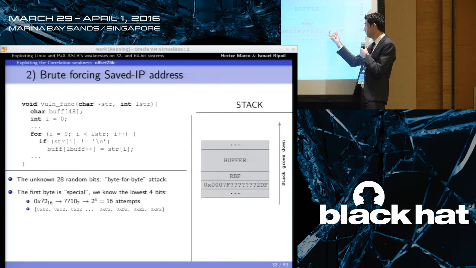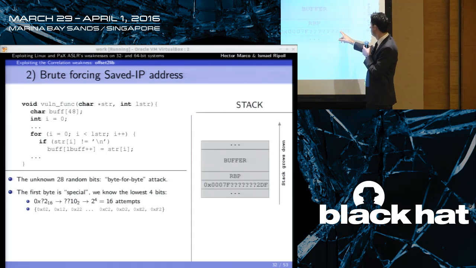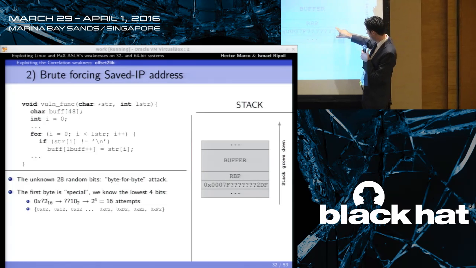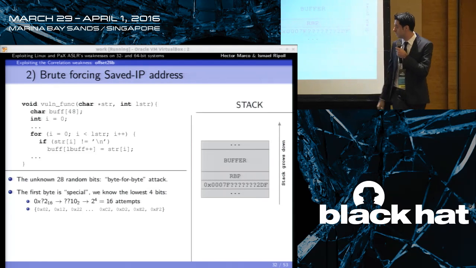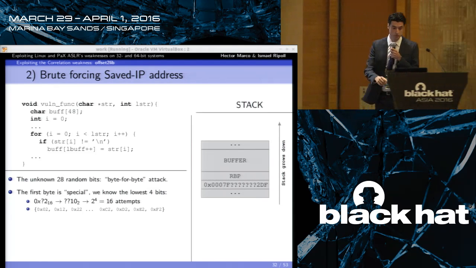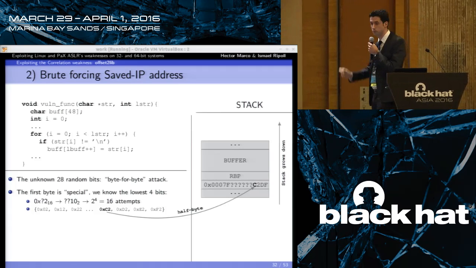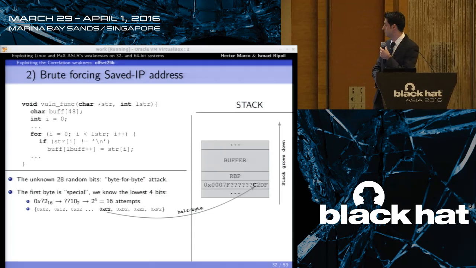Since we know this first byte, we can overwrite with, for instance, 1, 2. And if we get a crash, then we try 2, 2, and if we get a crash, 3, 2, until we get the correct byte. So guessing the second byte only costs 16 attempts in the worst case. Okay, we assume that it is C2. We can put C2 in our payload.